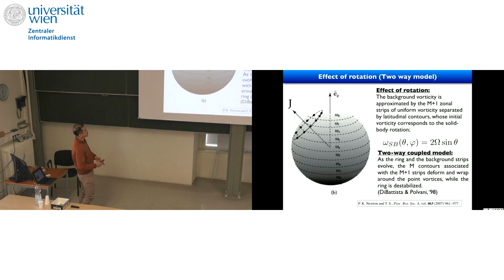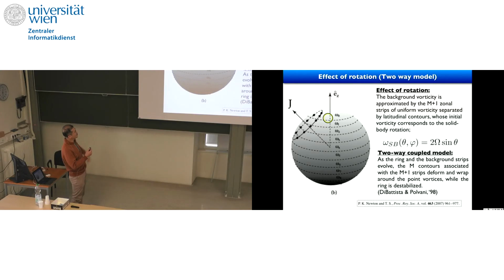The next step is to think about how rotation affects the evolution of these ring configurations. Here is a very simple model. In order to deal with the effect of rotation, we consider the background vorticity approximated by m+1 zonal strips of uniform vorticity, separated by latitudinal contours, whose initial vorticity corresponds to the solid body rotation given here.